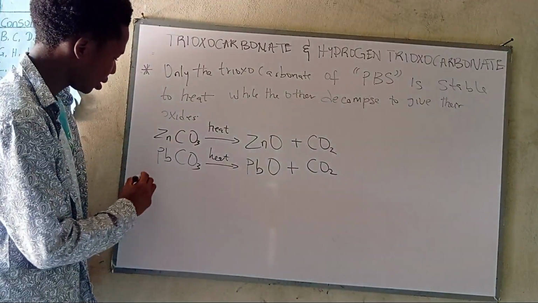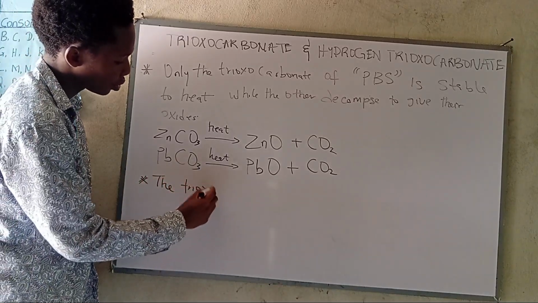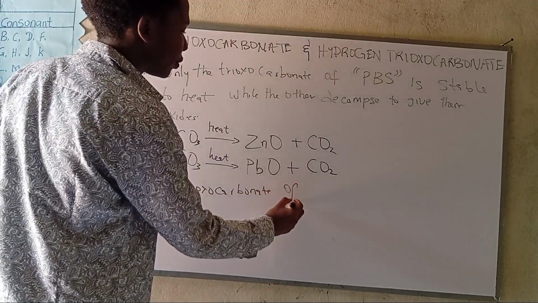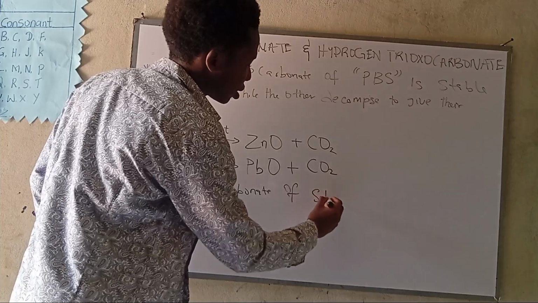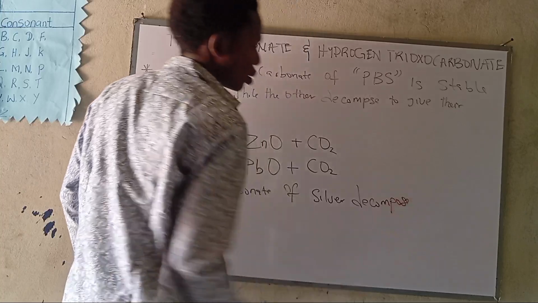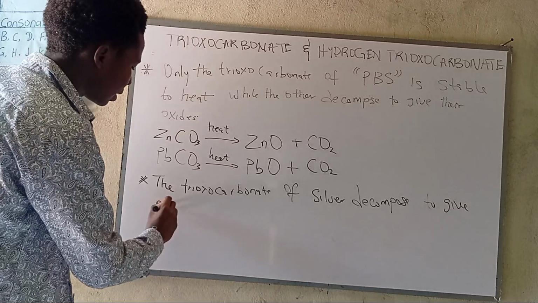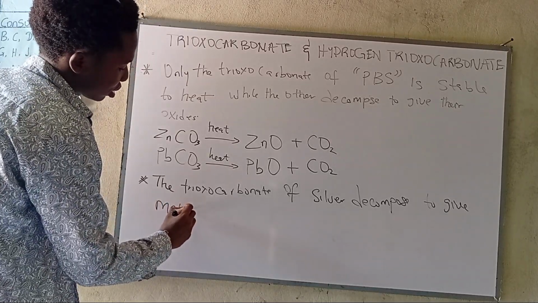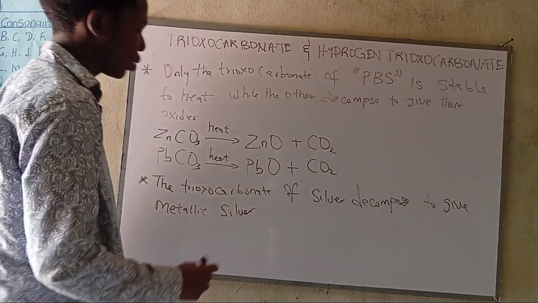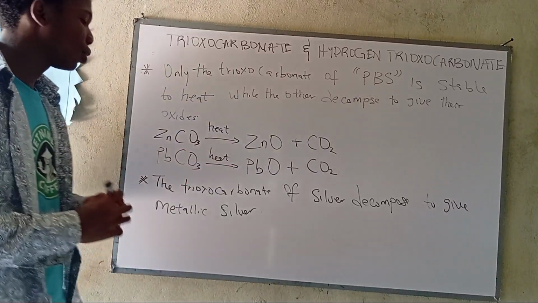Okay. The trioxocarbonate of silver decomposes to give metallic silver.